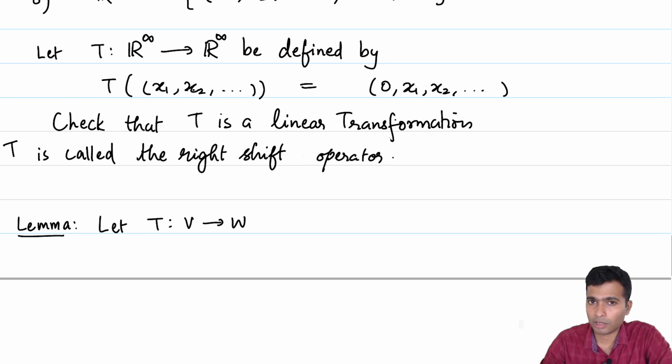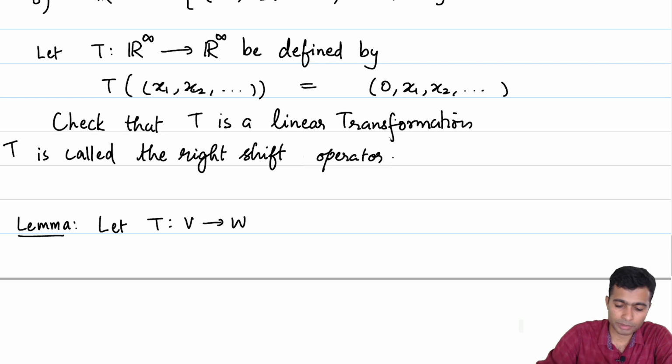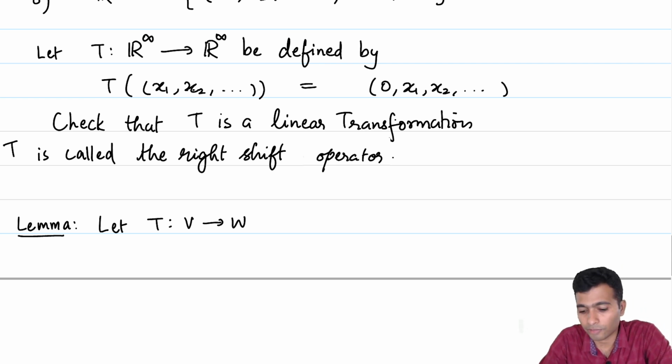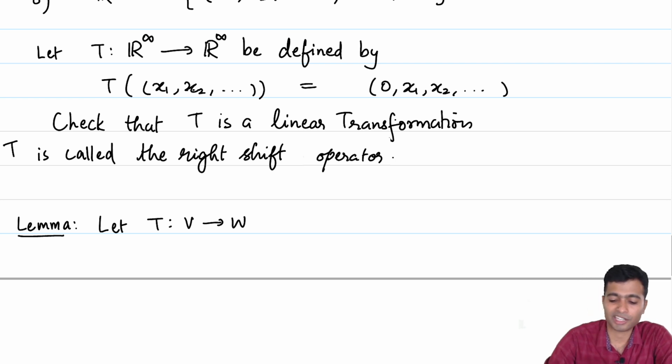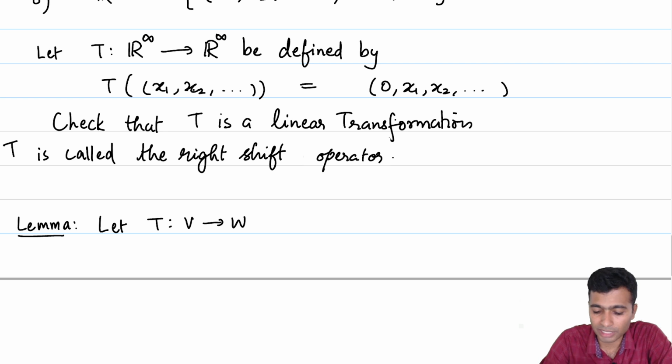As noted, P of R to P of R is a linear transformation that is infinite dimensional. Same is the case with the last example, from R infinity to R infinity, which is an exercise to you to show that R infinity is not a finite dimensional vector space, and that this is an example of a linear transformation from an infinite dimensional vector space to itself.